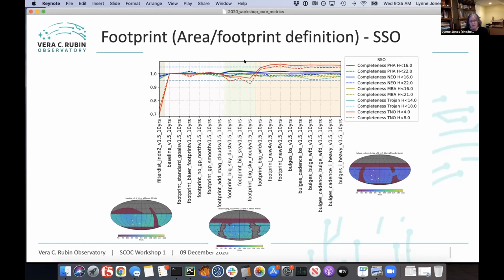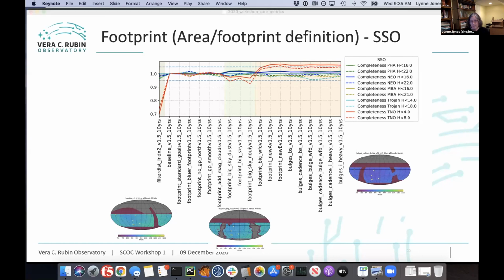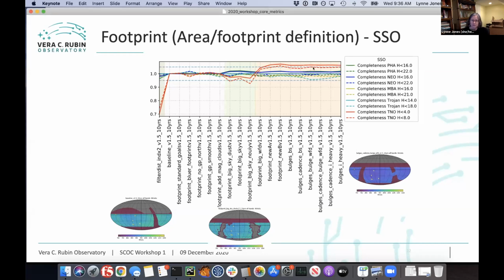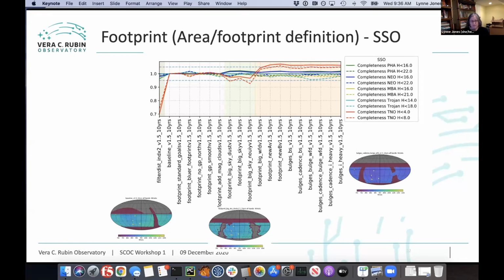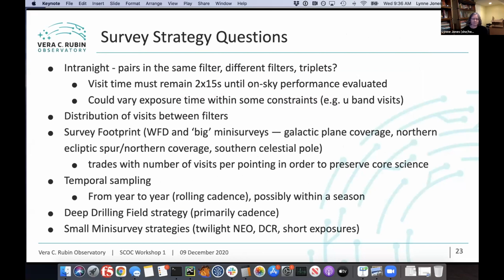So this improvement in completeness for the TNOs, I suspect, is coming from extra coverage in the north as well, but anything that's coming from extra coverage in the plane is maybe a little bit suspect. So we may have some improvement to do on this, but it's hard to know exactly how to correct for the crowding and difference imaging.